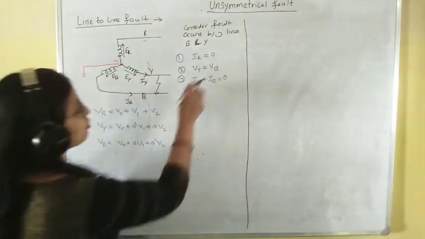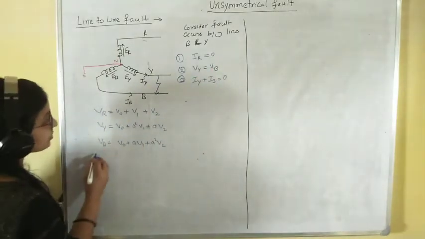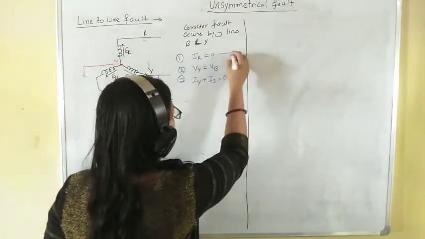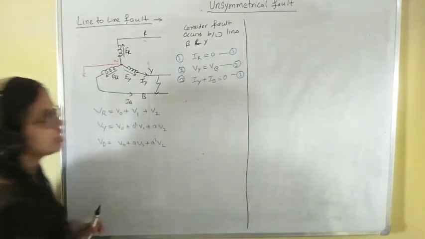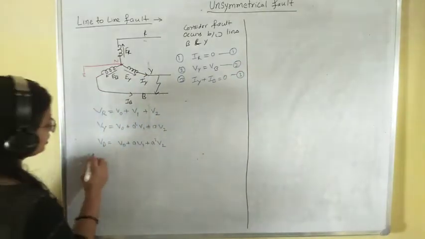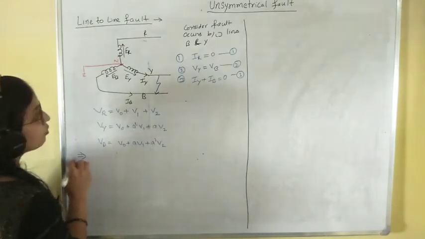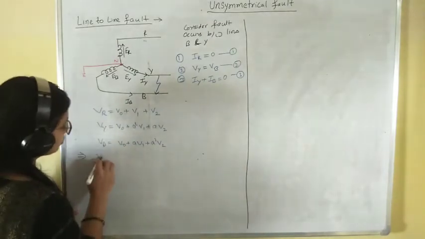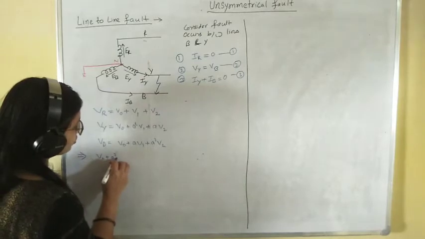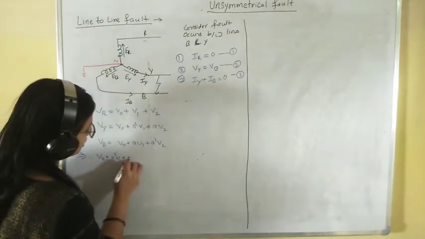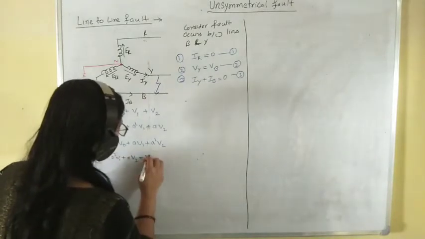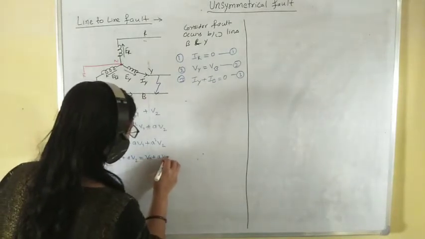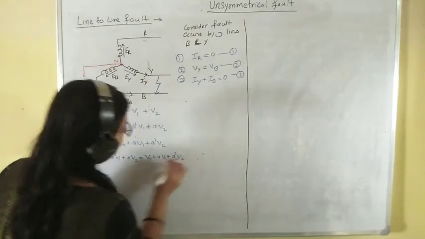Okay, so these are equation first, equation second, equation third. For the second equation, what can we write? Vy is V0 plus A square V1 plus A V2, that is equal to Vb, that is V0 plus A V1 plus A square V2.